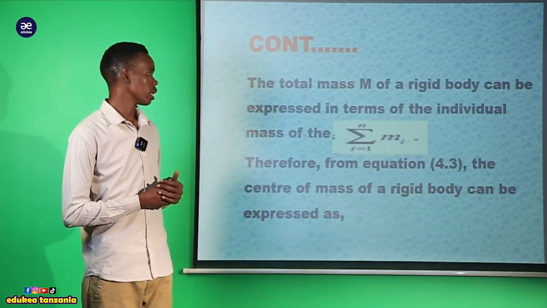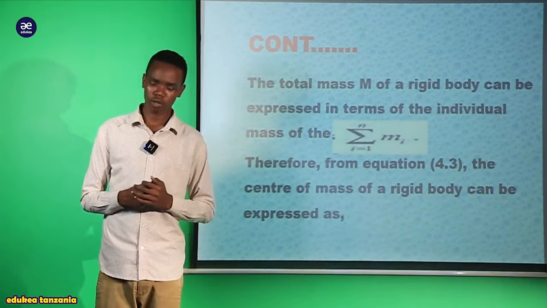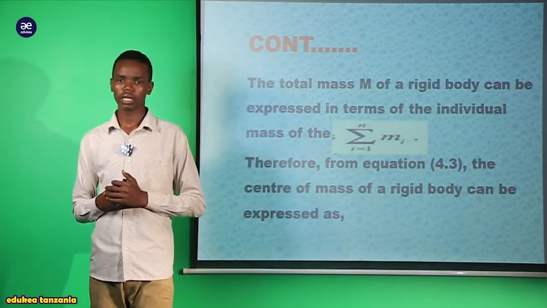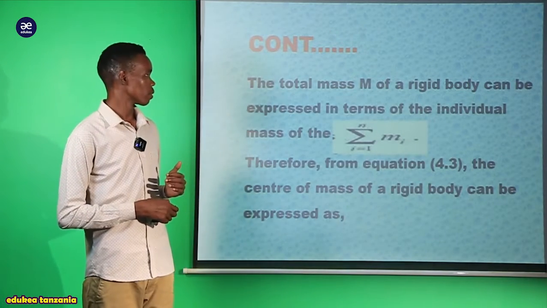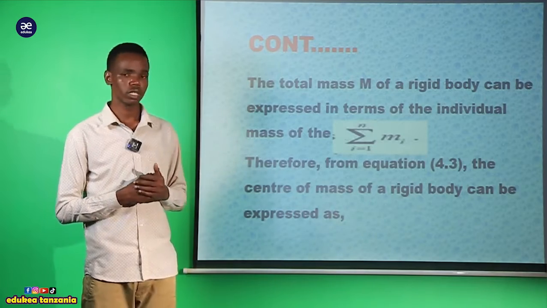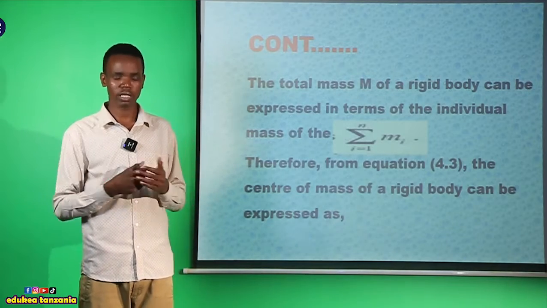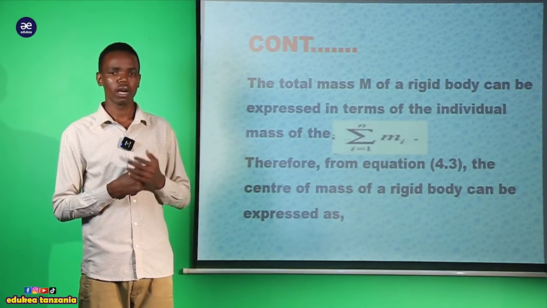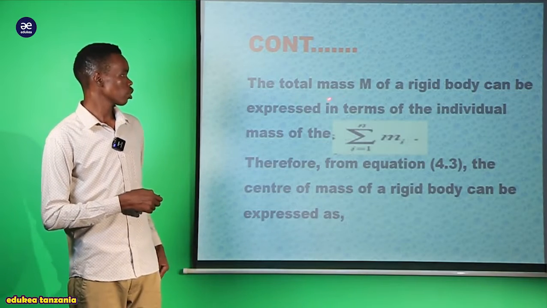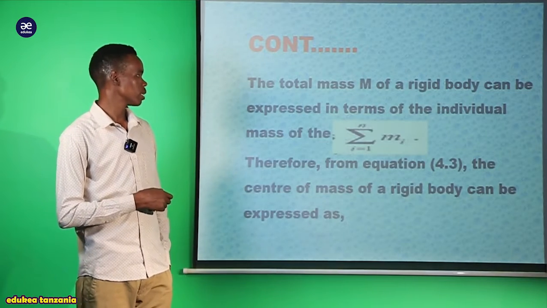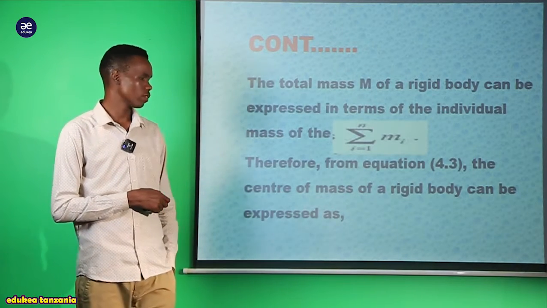And today here, we are going to continue with our discussion of the total mass. Now we are going to see how we can find the total mass of the body. The total mass of a rigid body can be expressed in terms of the summation of the individual masses.